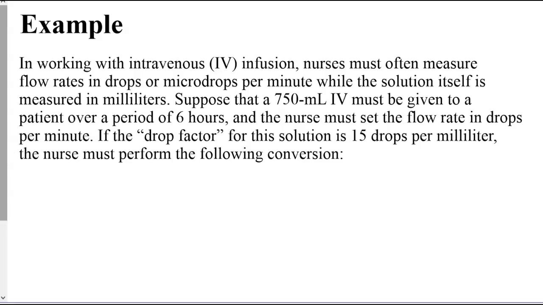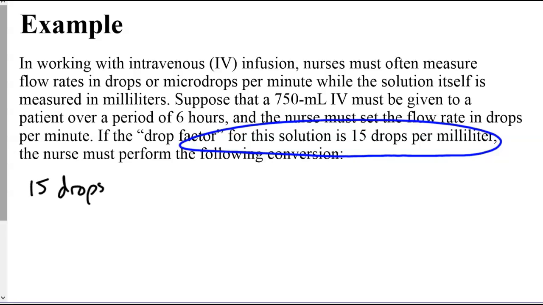Of course, what we want to do is, after we've read it and reread it again, figure out, what do we know? Well, we know that the drop factor for this solution is 15 drops per milliliter. And then we know that there has to be a 750 milliliter dose given over a period of 6 hours.